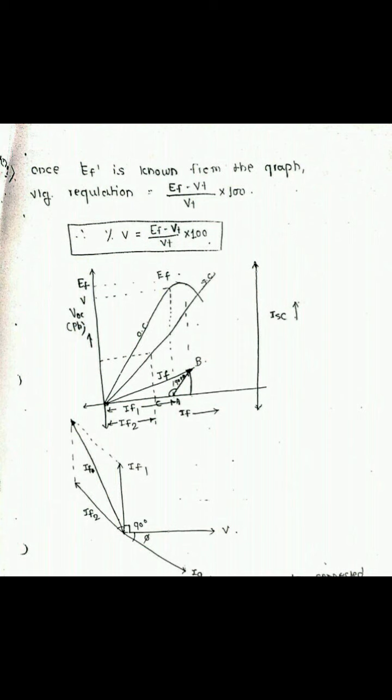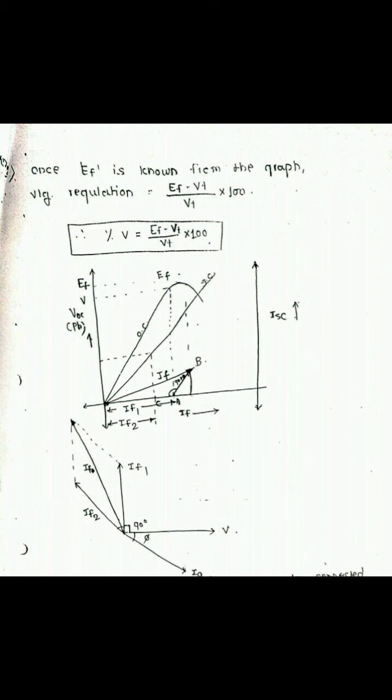For finding the value of EF, we want to draw a graph between the OCC and the SCC characteristics of an alternator. The OCC characteristics give the value of IF1, and the SCC characteristics give you the value of IF2.